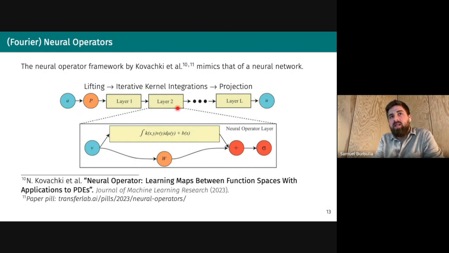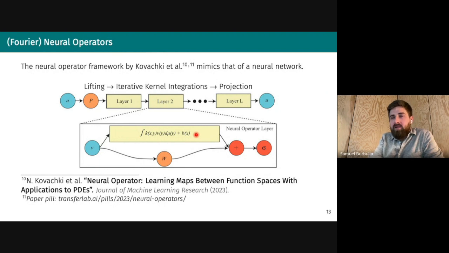And every one of these hidden layers is essentially taking an input function and applying such an integral kernel operation, adding some bias, multiplying some weights, and applying an activation function, as we know this from hidden layers in deep neural networks. But the interesting thing is that we work on functions here, and we incorporate this integral kernel operation within each layer.